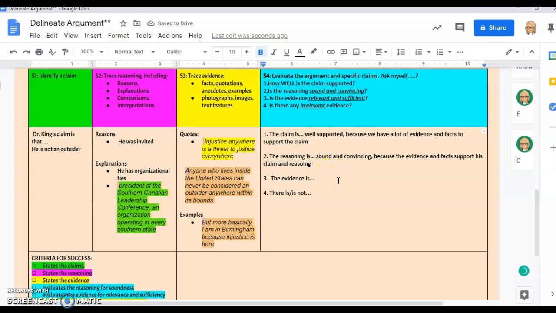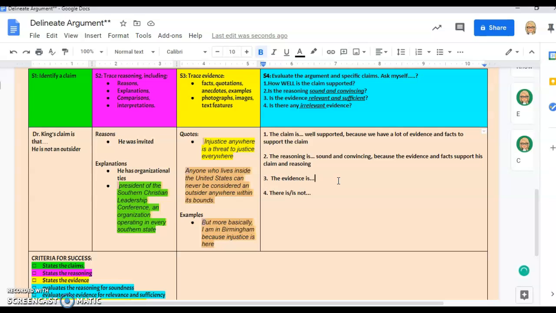Okay, question 3. Is the evidence relevant and sufficient? Well, he gives us facts, he gives us examples, he explains why he's there. He talks about the invitation for his efforts to connect cities and to spread justice.